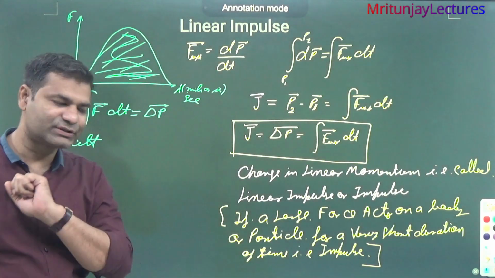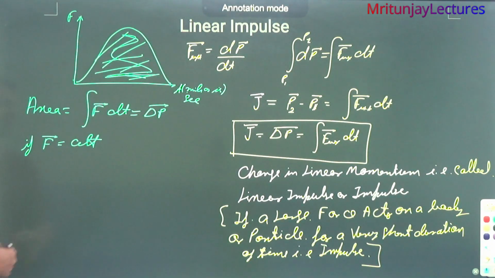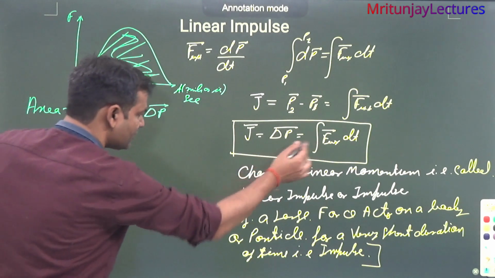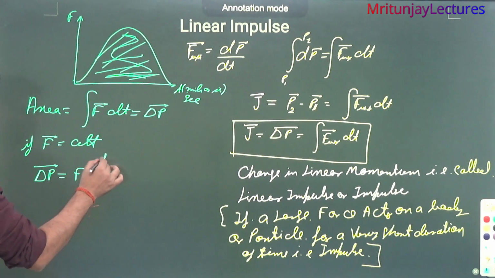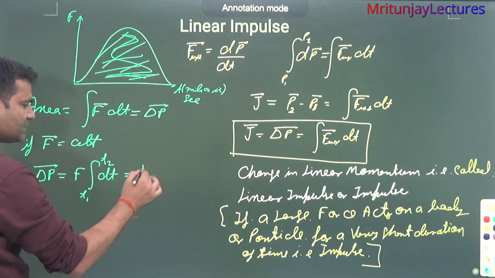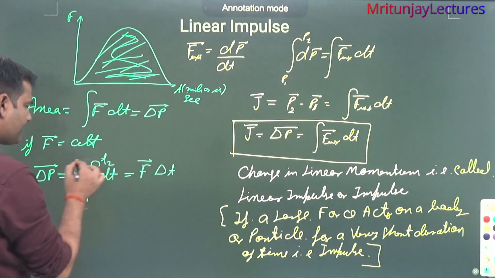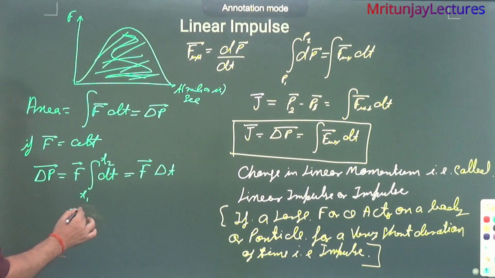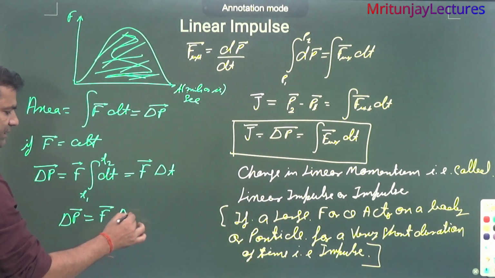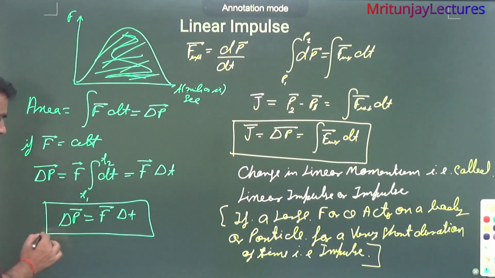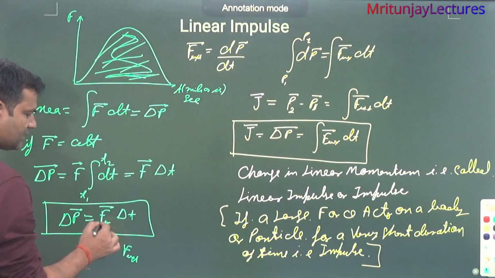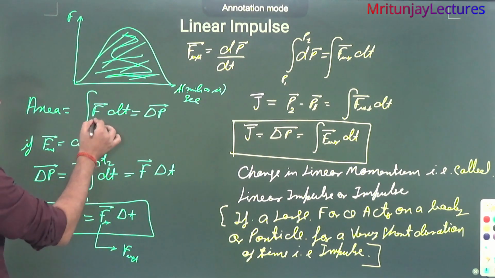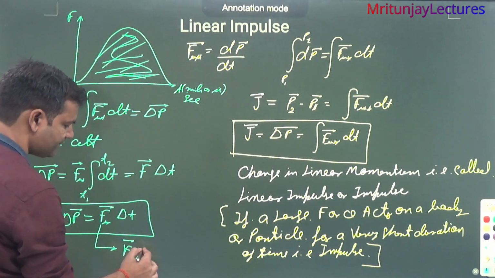If F is constant, then delta P is F into delta T from T1 to T2, so delta P is equal to F into delta T. This formula is used only if the external force F is constant.